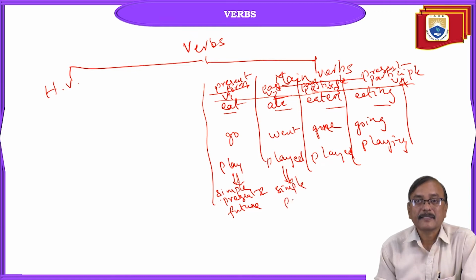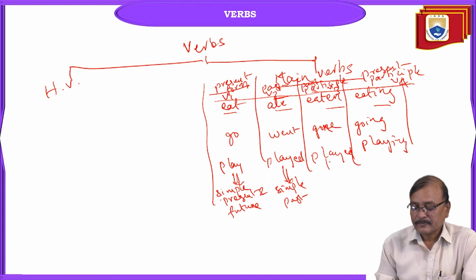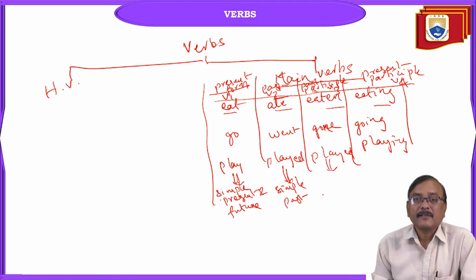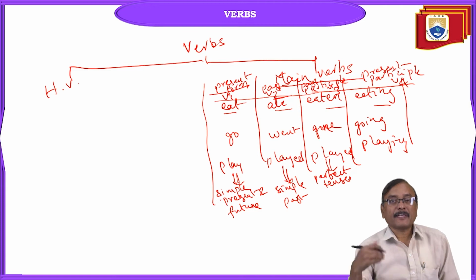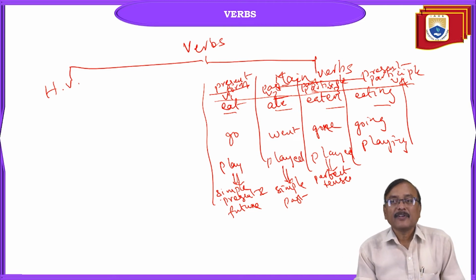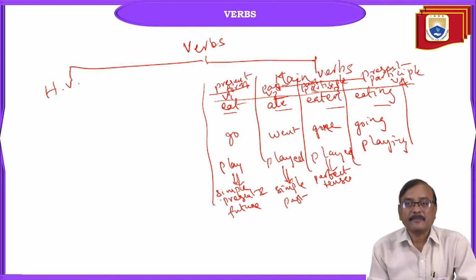Right? And this V3 form is used in perfect tenses. In perfect tenses, meaning present perfect or past perfect or future perfect, we can use this V3 form.